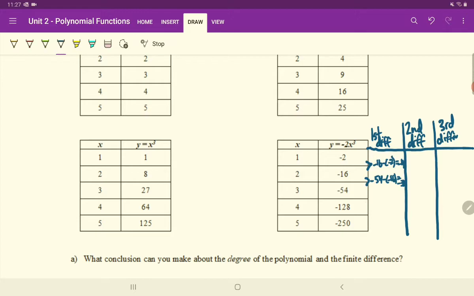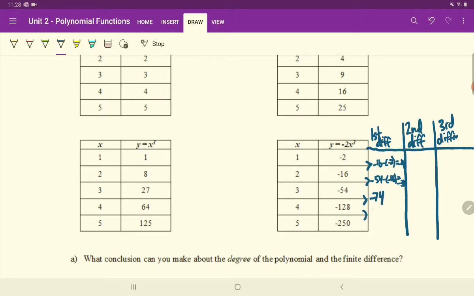Next we have -128, and since I'm running out of space, I am just going to say what that is. -128 minus -54 becomes -128 plus 54. What does that equal? -74.